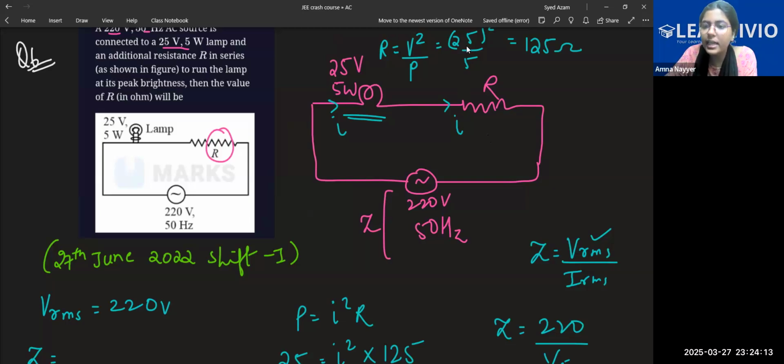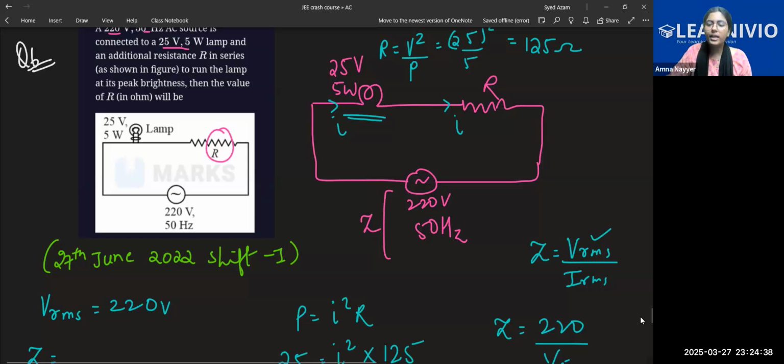See, the equivalent resistance of this entire circuit is 1100 because that is the impedance, right? So when you have to calculate the total resistance, how do we calculate? Two resistors are present. How do we calculate the equivalent resistance? R1 plus R2. R plus 125, right?